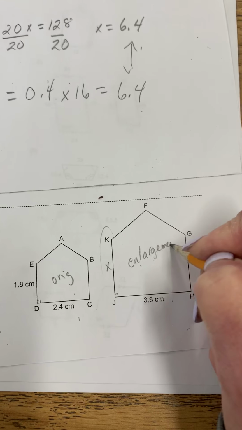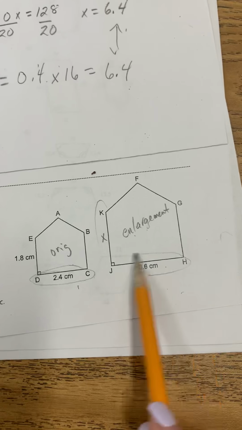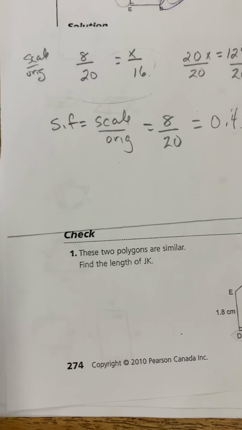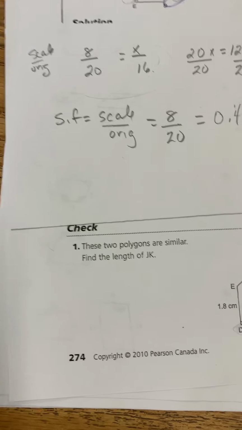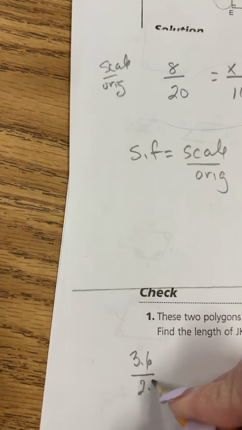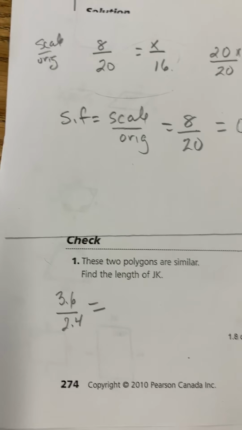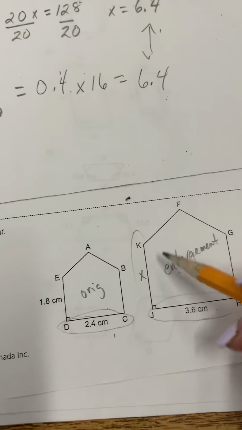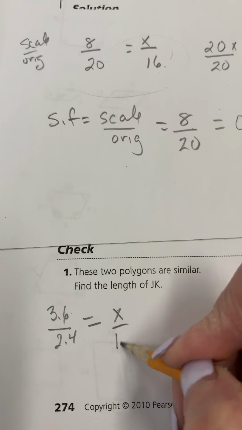First of all, I can check the corresponding sides that I have both for. So I'm going to set it up. Scale over original, so I'm going to put 3 6/10 over 2 4/10 is the same as, and again I put scale on top, so my enlargement on top, which I don't know, over 1 8/10.